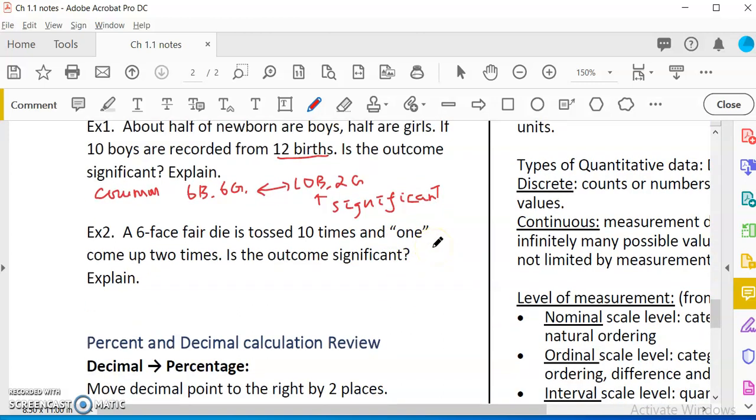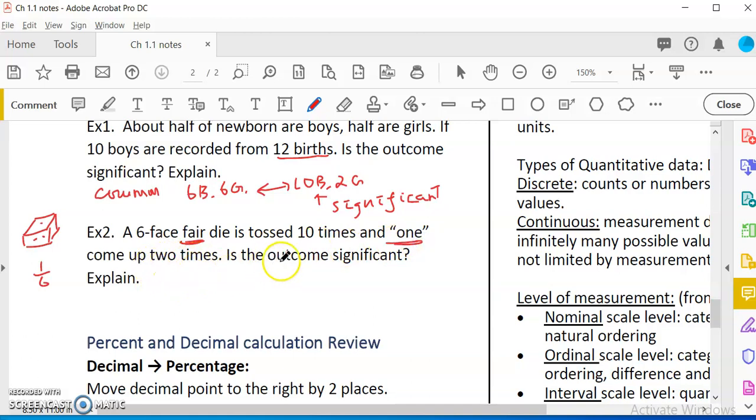The second one is you throw a die. It's a fixed 6-face die, with dots on the faces, 1 and 2, those cases. Every face has one chance because it's a fair one. 1/6 chance of happening. If you throw 10 times, at most you would have 1 or 2 ones, right? 1 or 2.